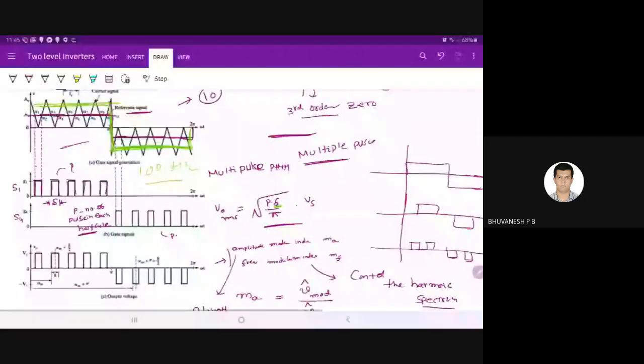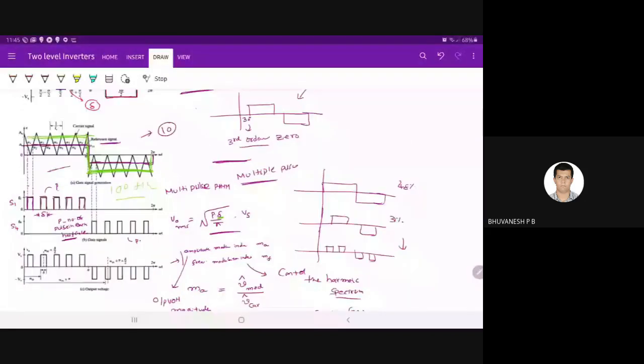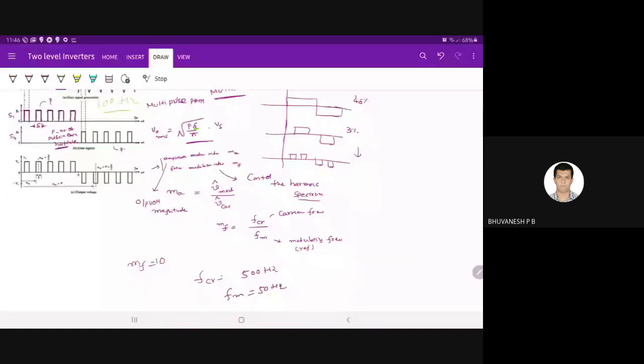Fifth and seventh are in opposite direction. Maybe positive sequence or negative sequence, that we don't know. That means it's actually rotating in the other direction.